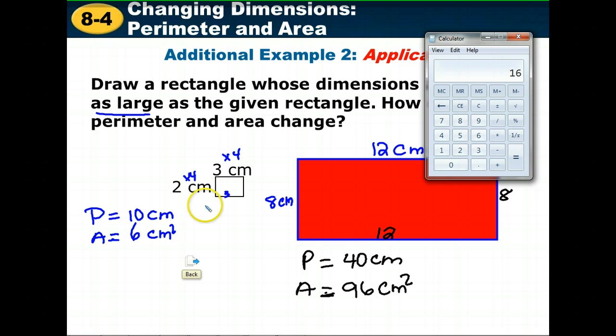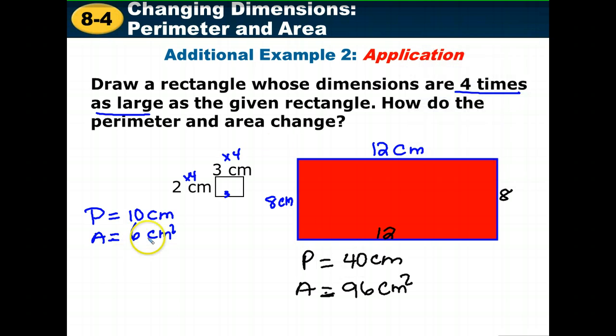And we can see that the area increased 16 times, or 4 squared.